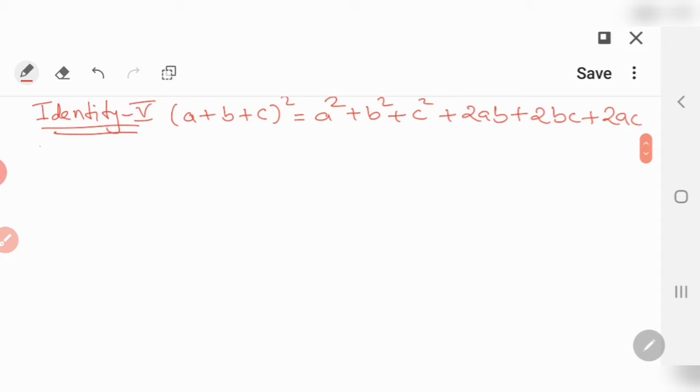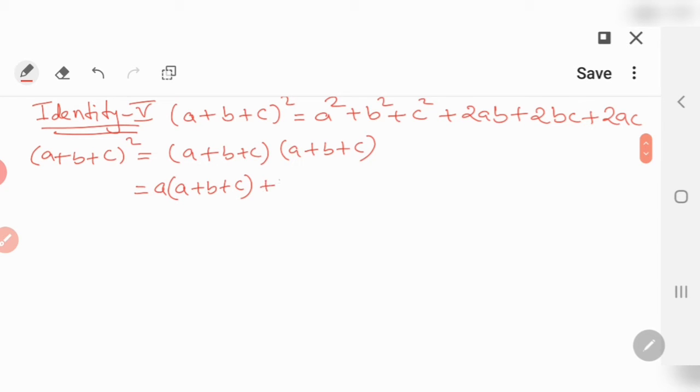So what we'll do, a plus b plus c whole square can be written as a plus b plus c into a plus b plus c. Two times you write because square is given, na? Then with this a you multiply the whole set of second term, that is a into a plus b plus c.